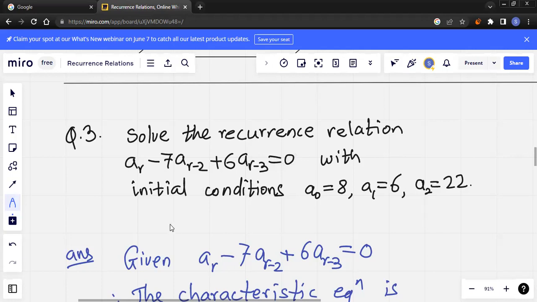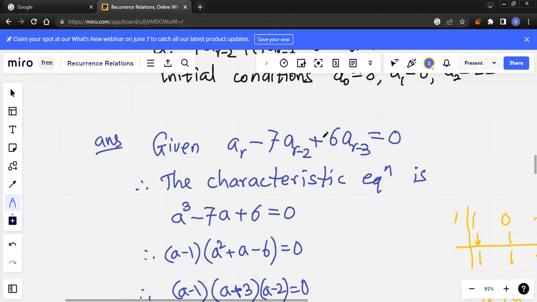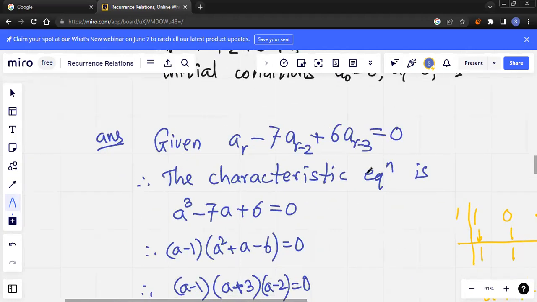You can see very directly, if I call this the first term, this will be the second term, then the third term is hidden, and this is our fourth term. So if I call this 1, there is the next term, and one more term is hidden, and then we go here, means 3 times we have to travel. So this will be k cubed minus 7k plus 6 equal to 0.